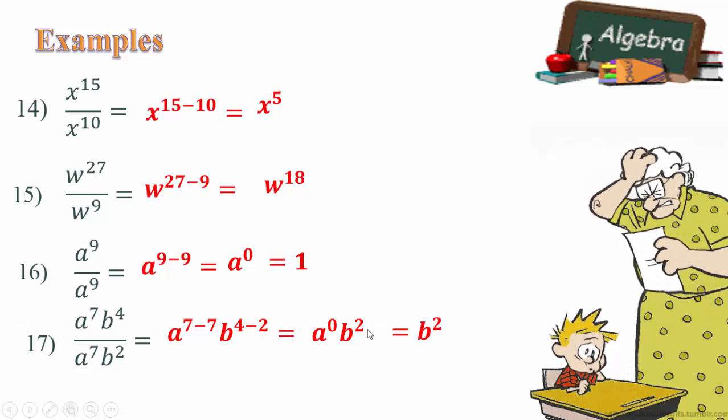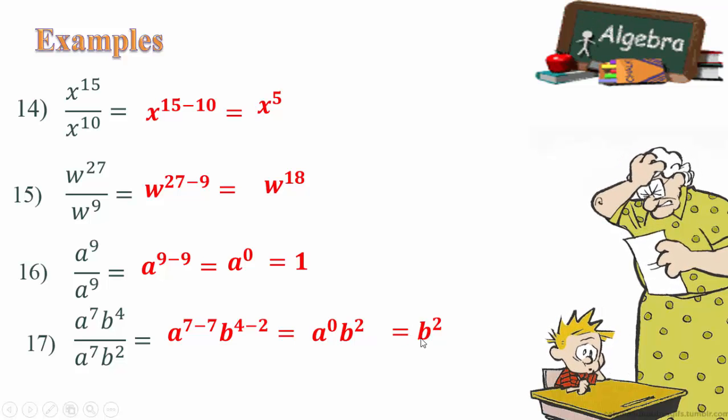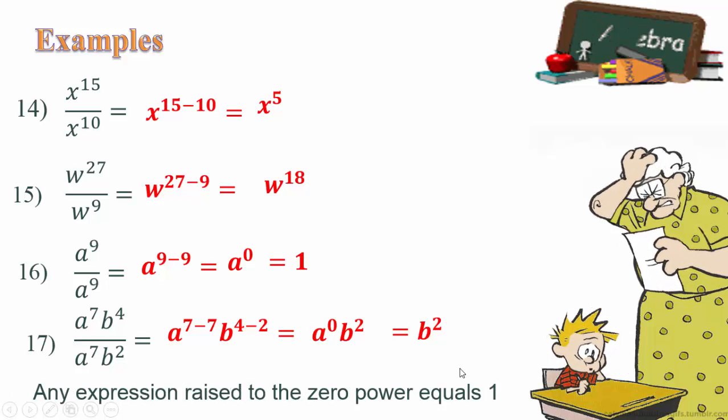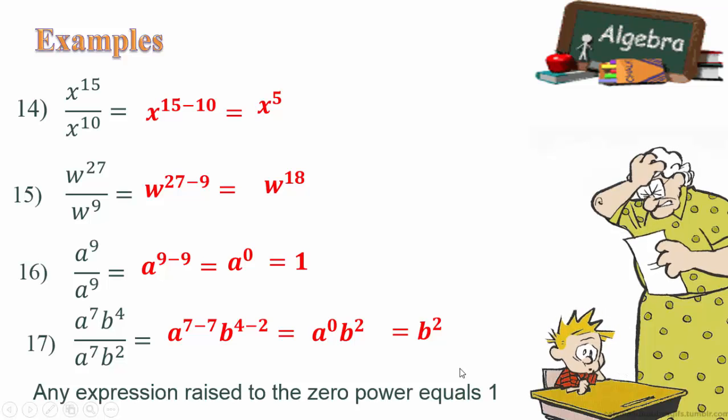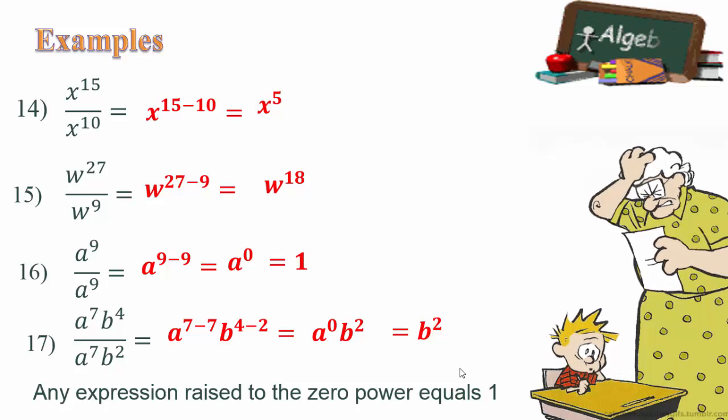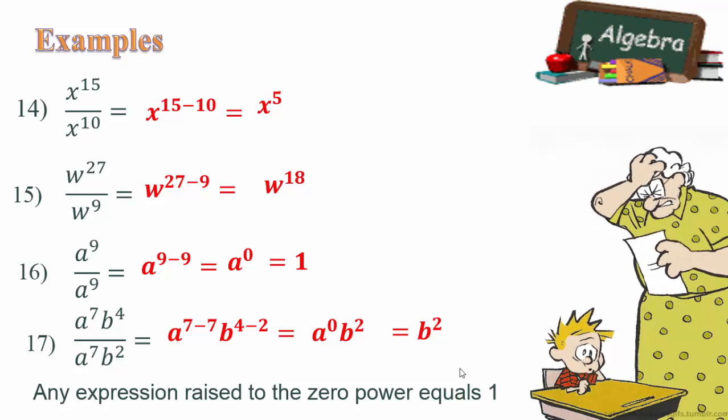So that gives us 1 times b squared, so that means it's just b squared. So remember, any expression raised to the 0 power is equal to 1. And this will come up many times and very often, so it's very important you understand this concept.